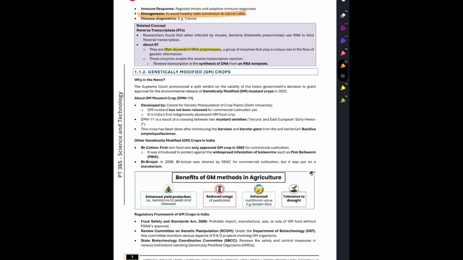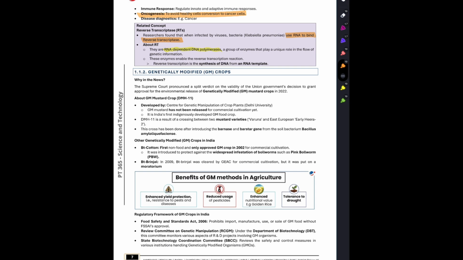Related concepts: reverse transcriptase. It was found that when infected by a virus, the bacterium Klebsiella pneumoniae uses RNA to bind reverse transcriptase. Reverse transcriptases are RNA-dependent DNA polymerases, a group of enzymes that play a unique role in the flow of genetic information.